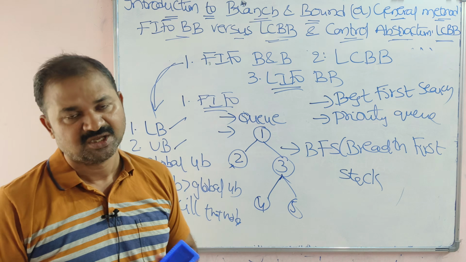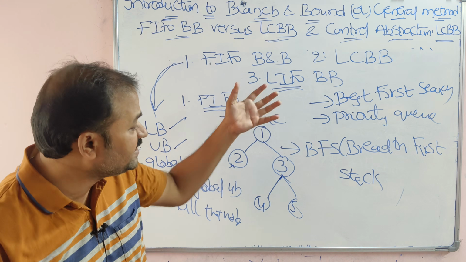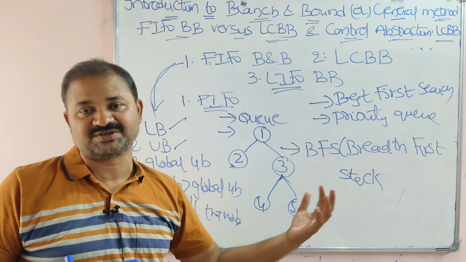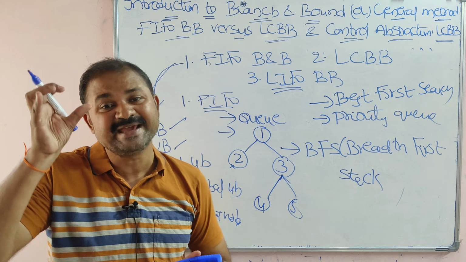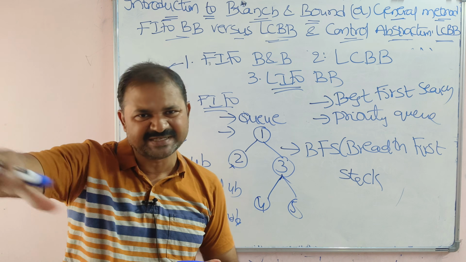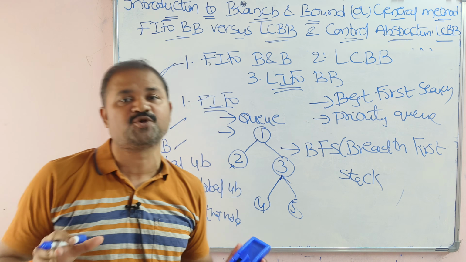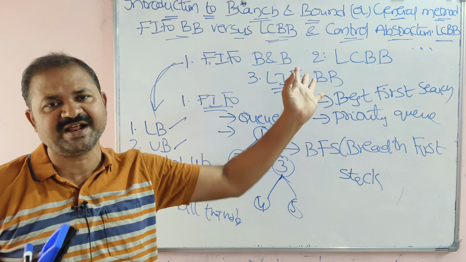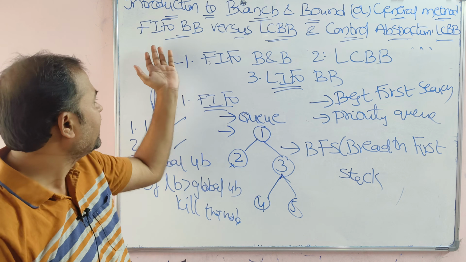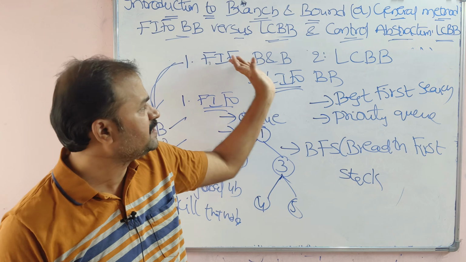Out of the available nodes, the node which is stored last into the stack will be explored first. So out of the generated nodes, the node which is generated last will be explored first. So this is about the introduction as well as the general method of branch and bound, and the differences between FIFO and LC branch and bound.